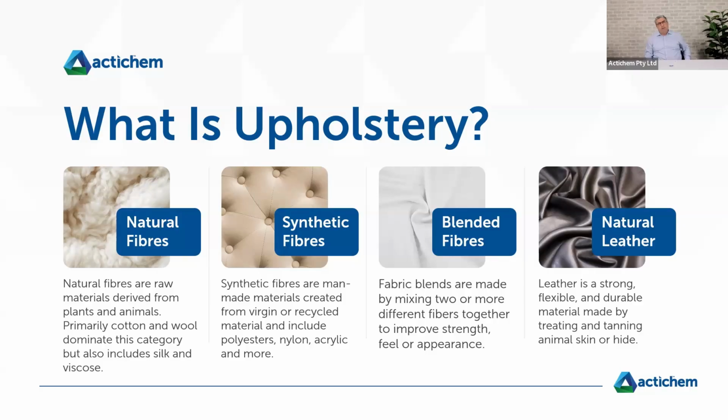Then there is synthetic fibers, mainly polyesters and acrylics, some nylons, a lot of polyolefins or polypropylenes found in commercial upholstery, and of course then blended fibers. Blended fibers are often used to improve the strength of the fabric and alter or modify its feel as well, its hand.